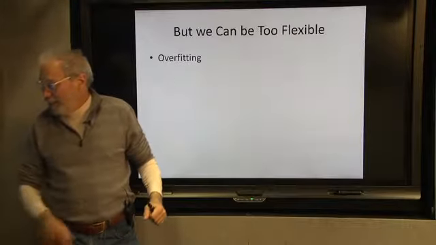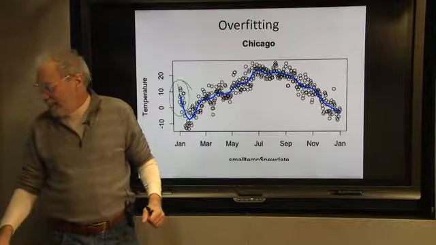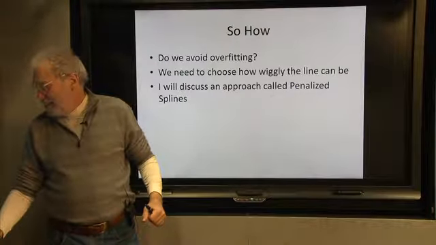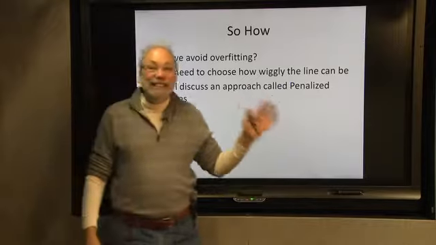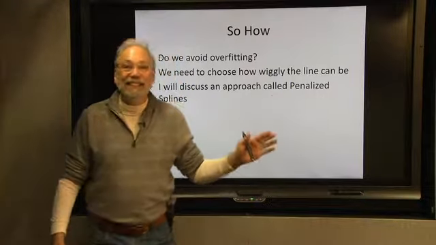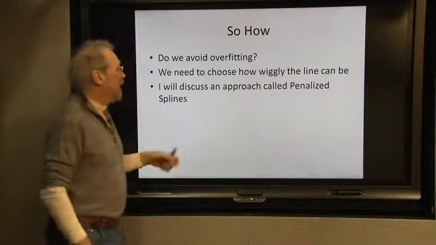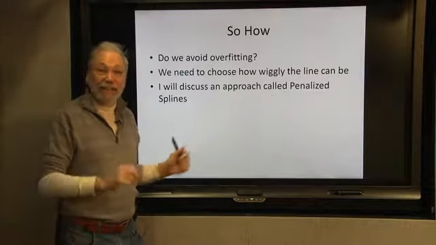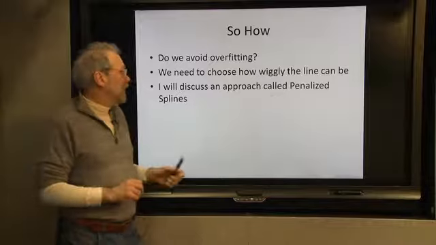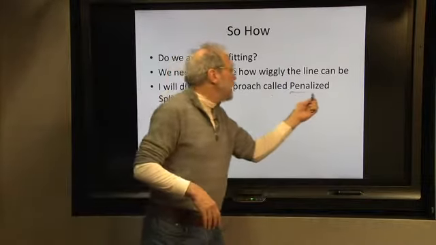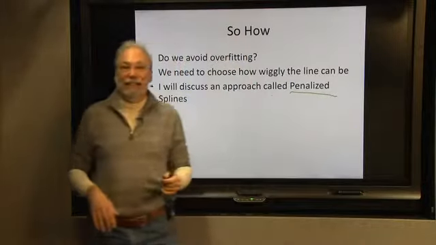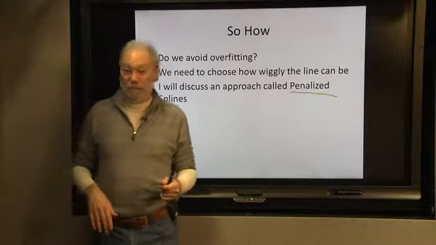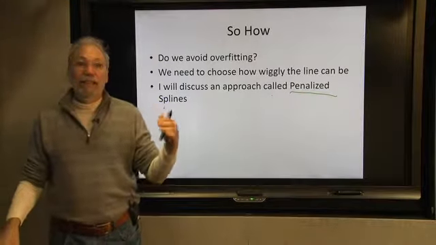So what I want to do is limit how wiggly the lines can get. Okay? And there are several ways to do that. The way I'm going to show you today is something called a penalized spline. Okay? So let's talk about that.